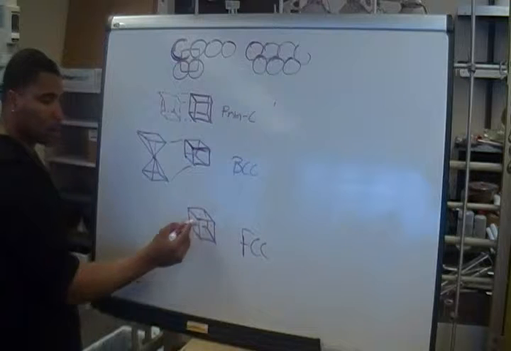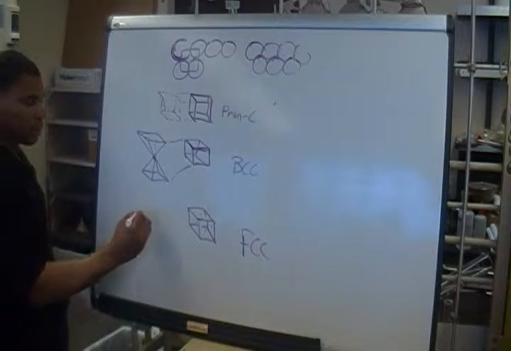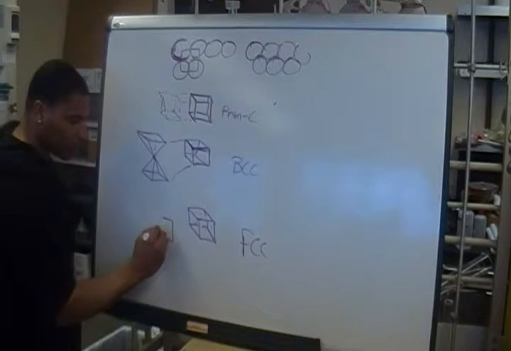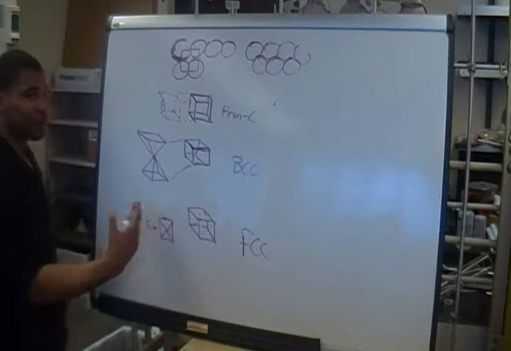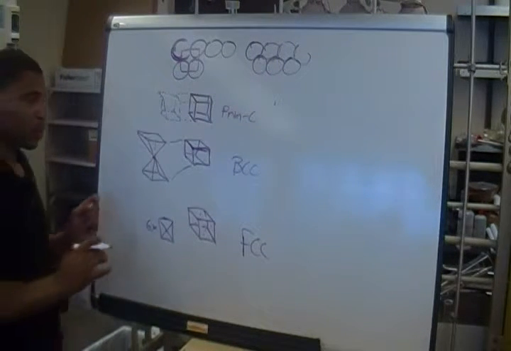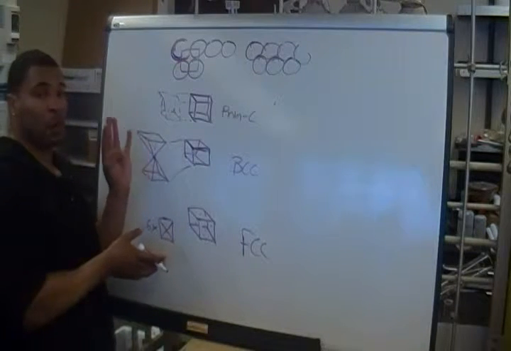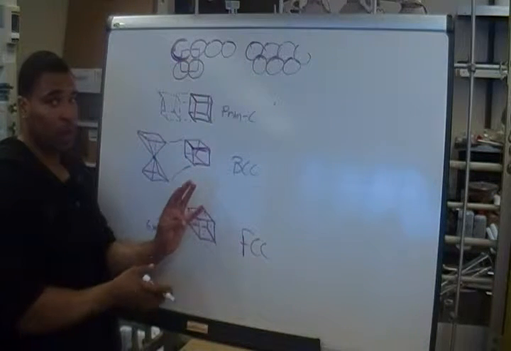So it's basically like there's a face and then there's an X with a dot in between, and there are six of those. These are some of the basic forms of a cubic structure.